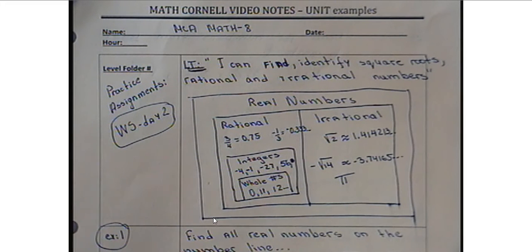It just keeps going in the same random order. Another very popular irrational number is pi. Why is pi irrational? Because the numbers after the decimal point go forever, and there is no pattern. It's just randomly going through the whole thing.